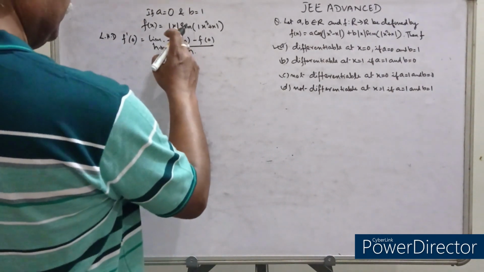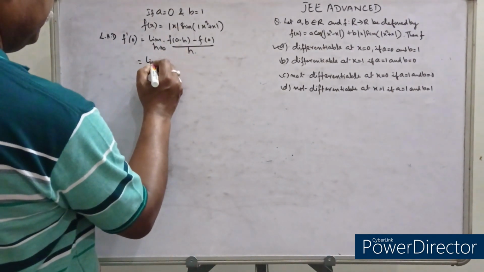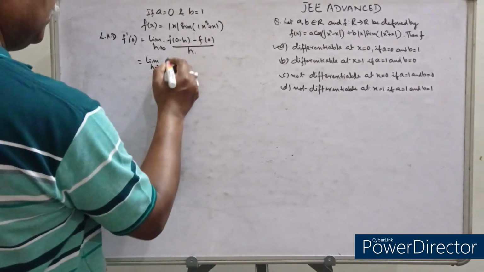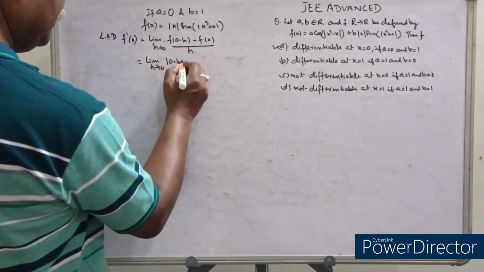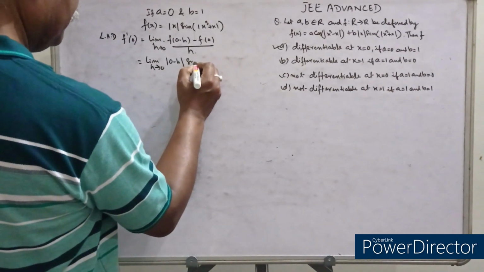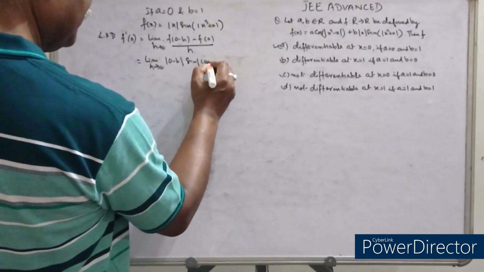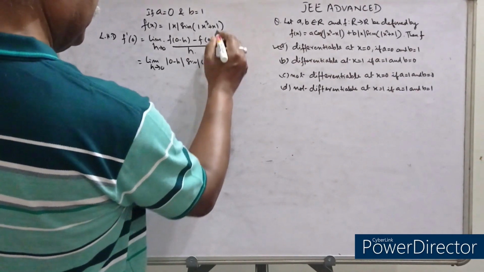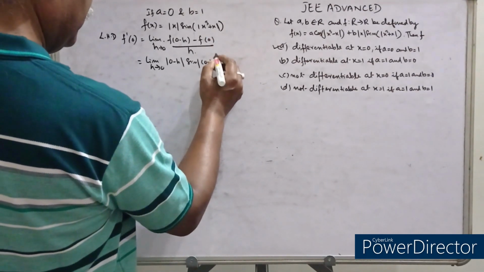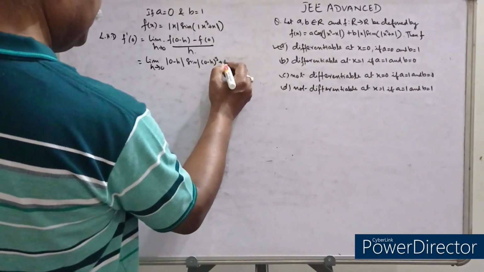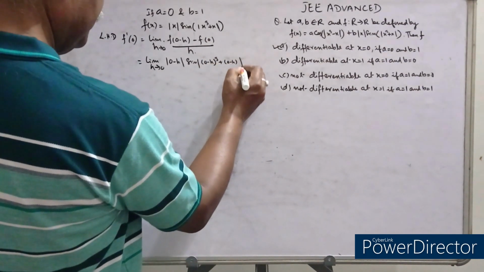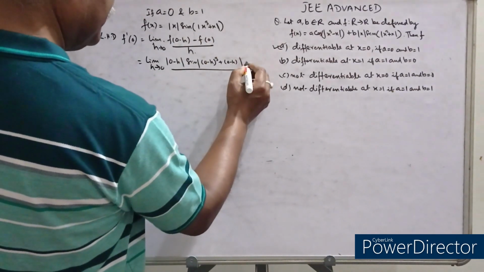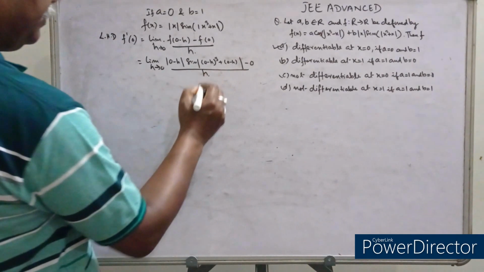So here, 0 minus h, that is limit h tends to 0, |0 − h| sin(|(0 − h)³ + (0 − h)|), and f(0) is 0, so minus 0, divided by h.